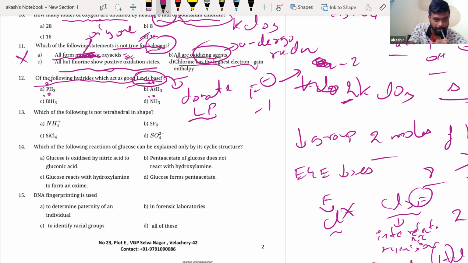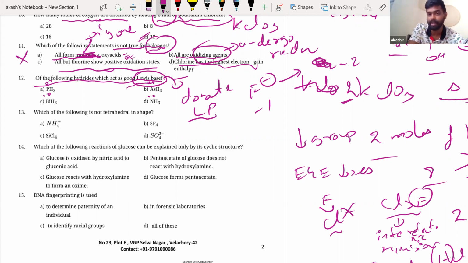The correct answer would be, I think, BiH3. Is it not? Sir, NH3, sir, because the N has a lone pair of electrons which can donate electrons. Everything has a lone pair here. Phosphorus, arsenic, bismuth, nitrogen all belong to the same family, the nitrogen family. Sir, it's more electronegative and small in size.